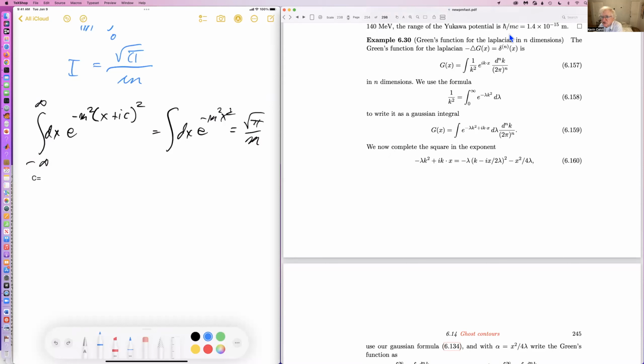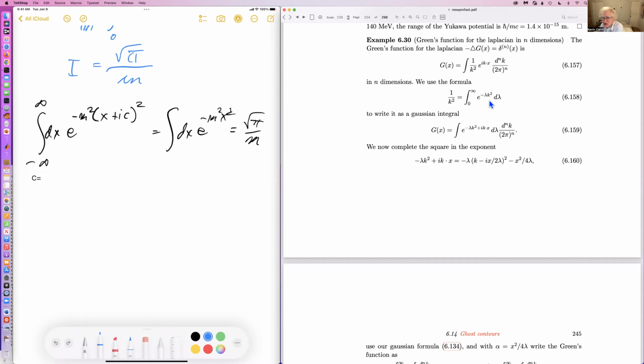How about the Green's function for the Laplacian in n dimensions? Well, the Green's function for the Laplacian in n dimensions is going to be an expression like this. It's the same in any number of dimensions. It's just that you divide by 2 pi to the n, and you have n k integrations from minus infinity to plus infinity, and you have an n-dimensional dot product, and k squared is the square of an n-dimensional vector.